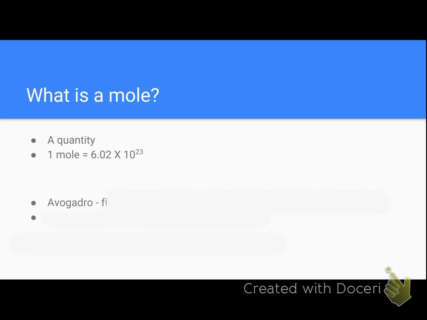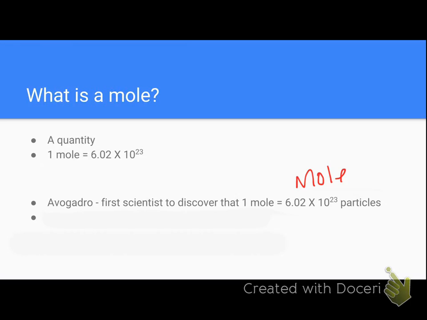This scientist named Avogadro was the first scientist to discover that 1 mole of a substance equaled 6.02 times 10 to the 23rd particles. With this word particles, you will also see it called molecules.